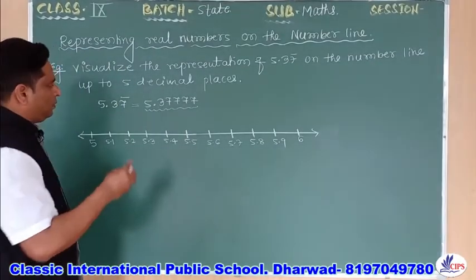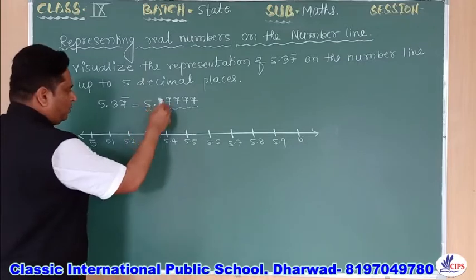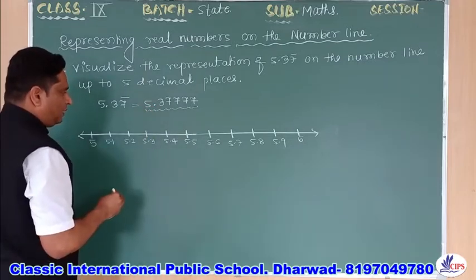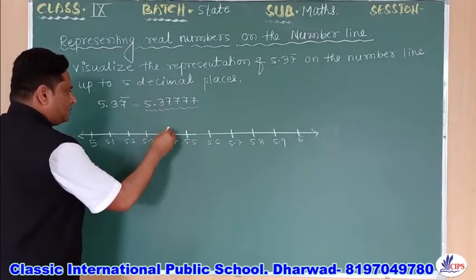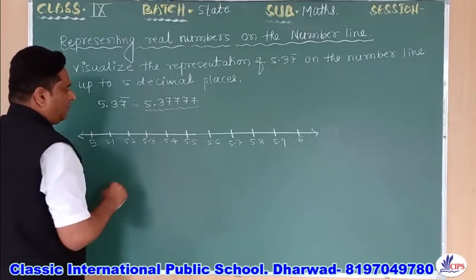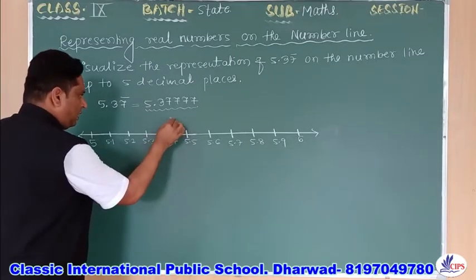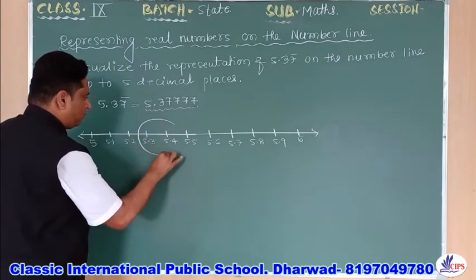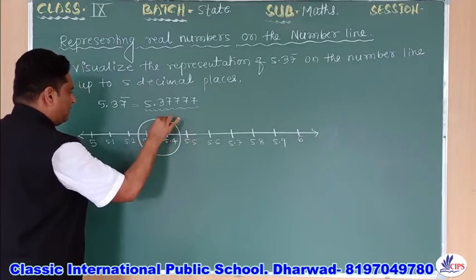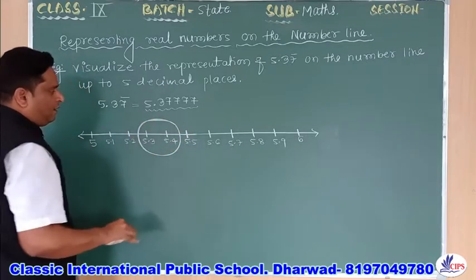Now I'll put the magnifying glass here. 5.3, where is it? Here 5.3 comes, 5.3 and 5.4. This number is between 5.3 and 5.4. I'll put the magnifying glass for 5.3 and 5.4.